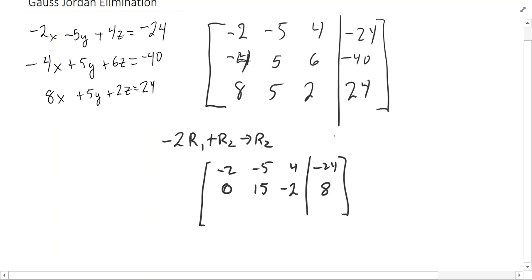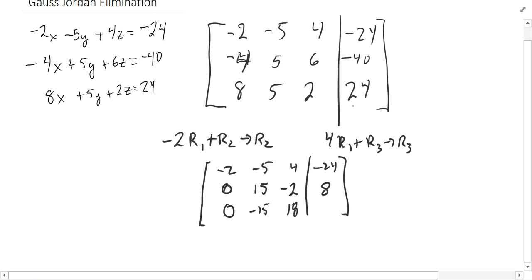So let's just do 4 times row 1, add it to row 3, and put it into the row 3 spot. So 4 times negative 2 gives us a negative 8, plus 8 gives us the 0. 4 times negative 5 is negative 20, plus 5 is a negative 15. 4 times 4 would be 16, plus 2 makes 18.